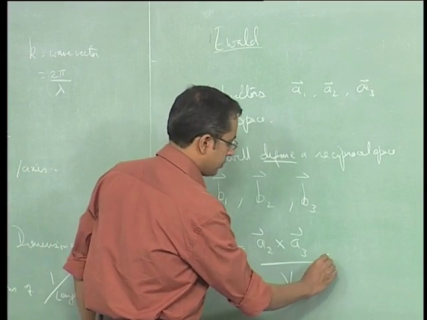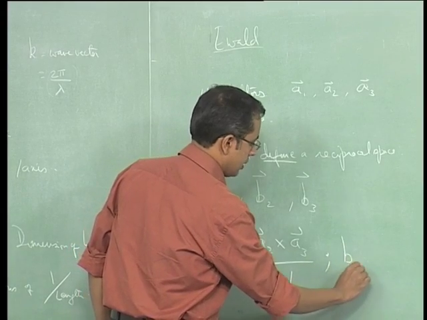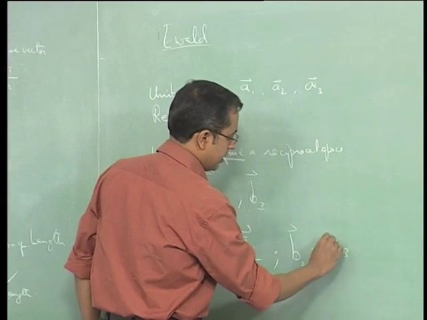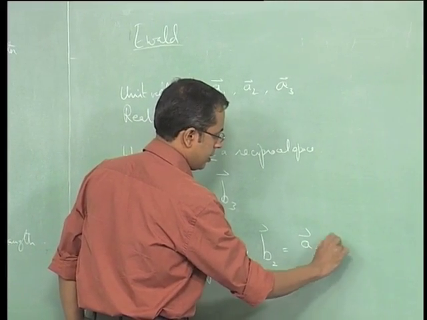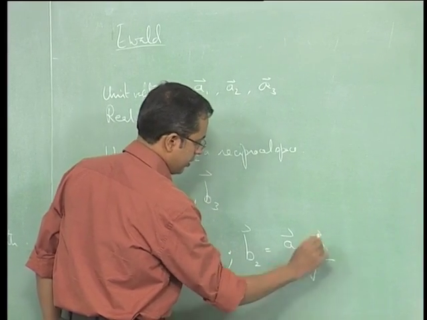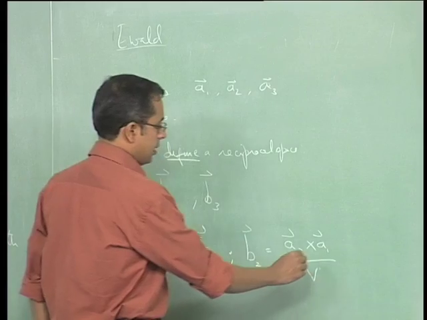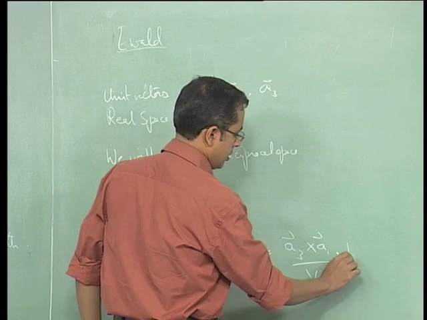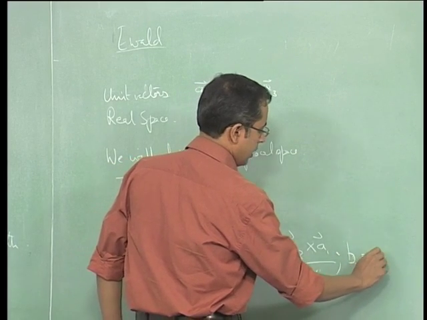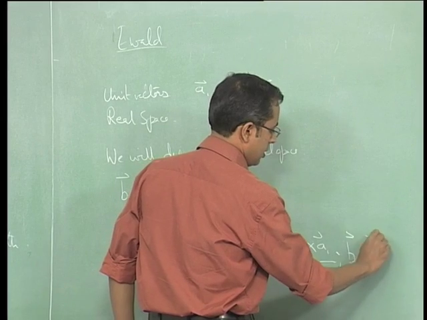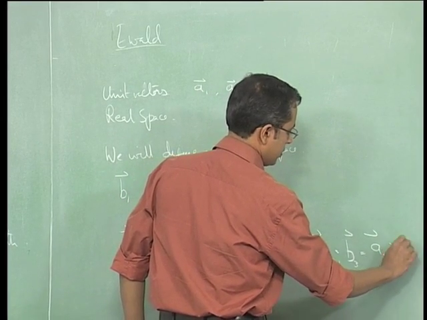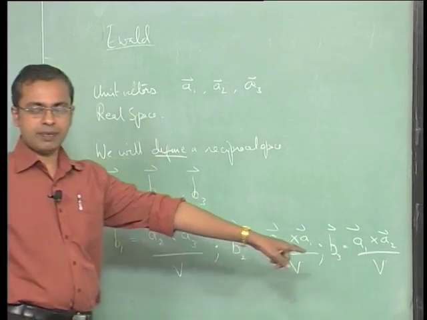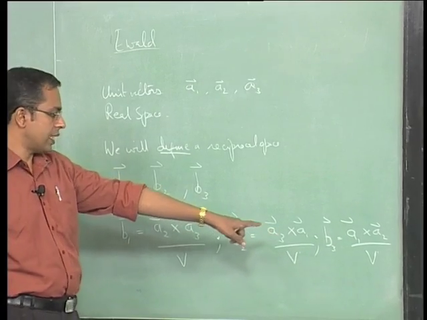B2 is defined as A3 cross A1 by V, and B3 is similarly A1 cross A2 by V. These are vector cross products.